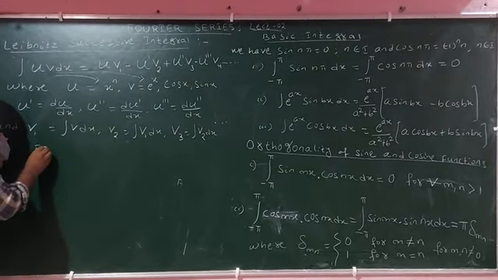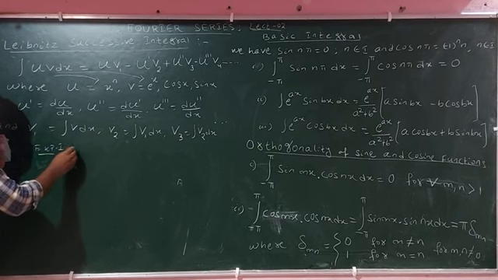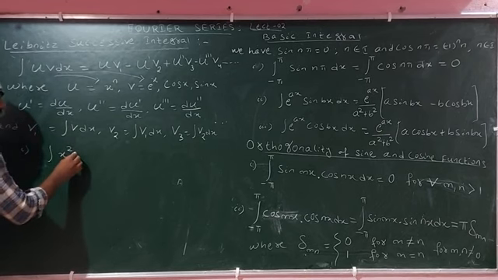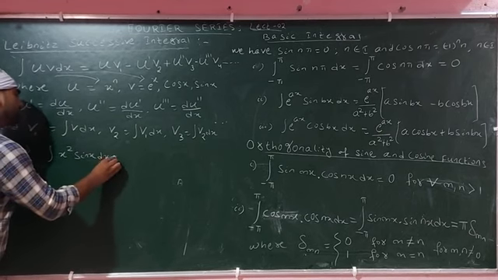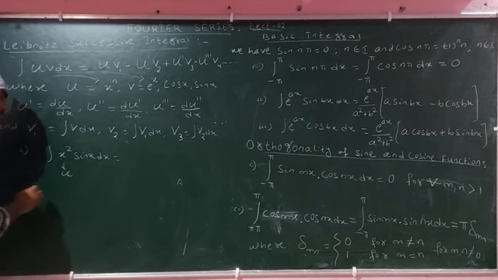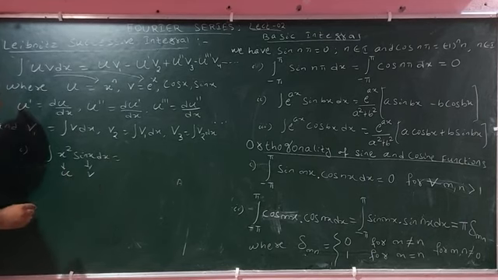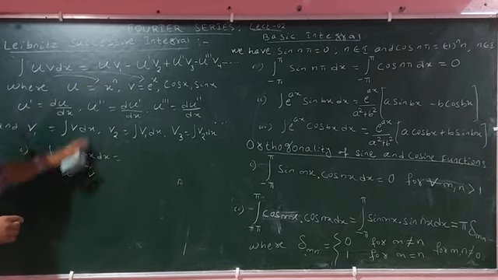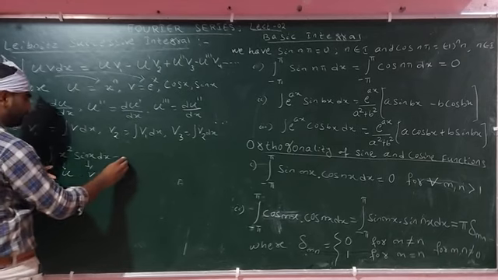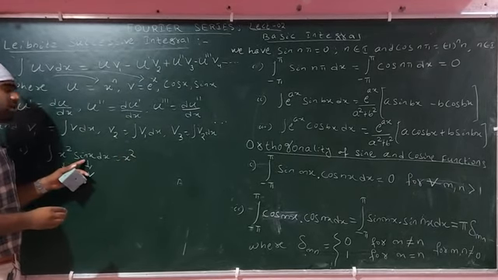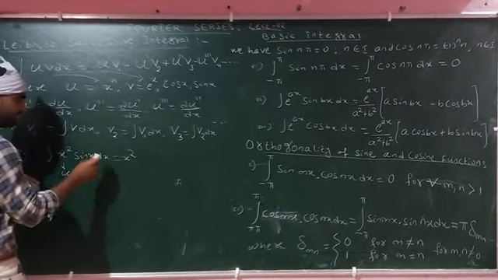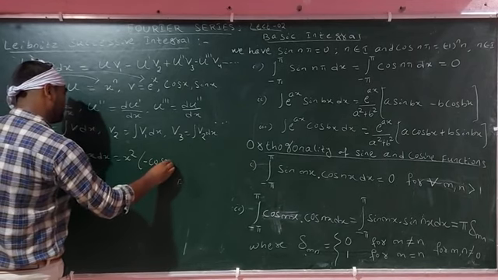For example 1, consider the integration of x square sin x. Here u is x square and v is sin x. We apply Leibniz successive integral, which is u v1 minus u' v2 and so on. So u is x square, v1 is the integration of v, that is the integration of sin x, minus cos x.